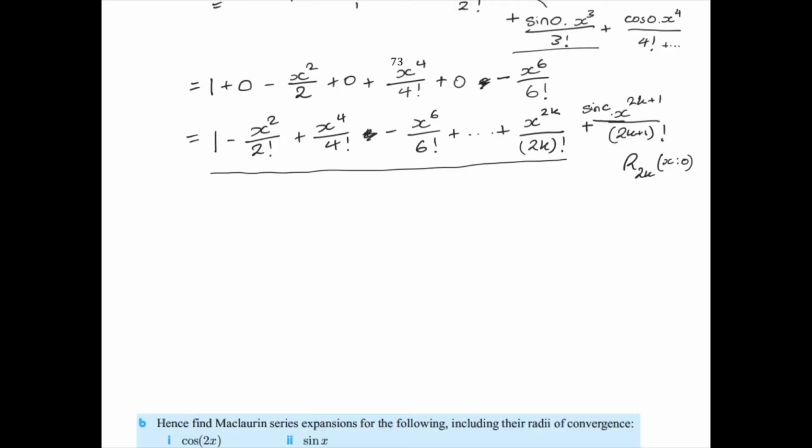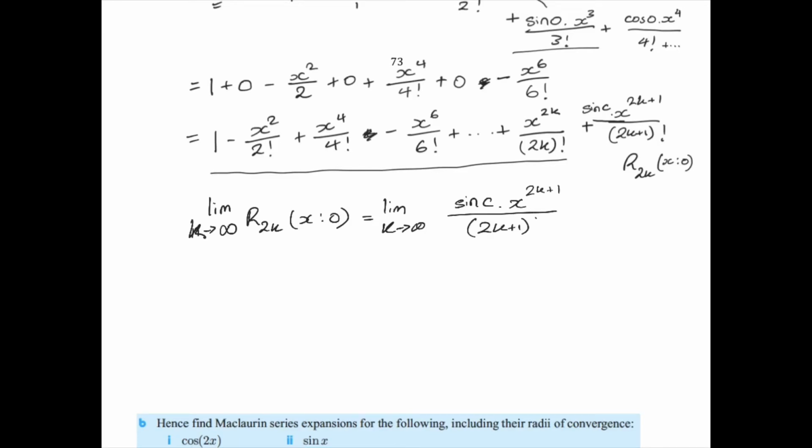So what do I actually want to show? The limit as n approaches, or k approaches infinity if you like. Sorry, should I make it k to keep it in terms of k? Of r2k x to 0 becomes the limit as k approaches infinity of sine c times x to the 2k plus 1 over 2k plus 1 factorial.